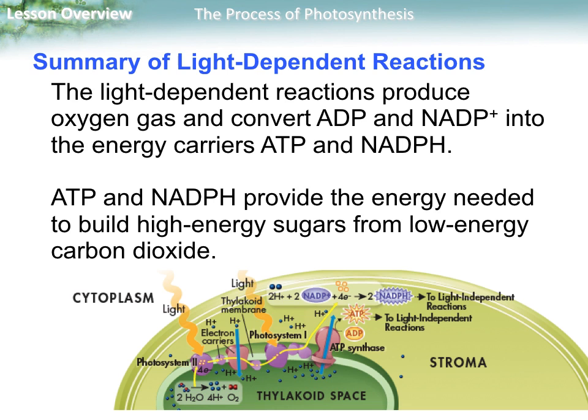It produces oxygen gas and converts ADP and NADP to the electron carriers ATP and NADPH. ATP and NADPH then provide the energy needed to build high energy sugars from low energy carbon dioxide. All right, so we're going to stop right there with this section, and we'll continue in class tomorrow.